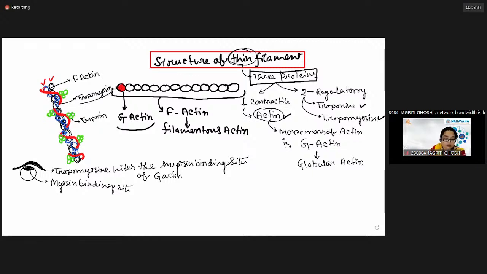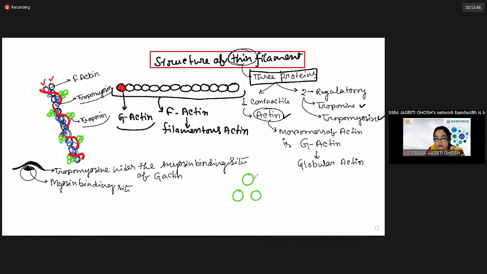The last thing to understand is the structure of troponin. Troponin, as I told, is a 3-unit structure: 1 unit, 2 unit, and 3 unit. These 3 units have 3 names.